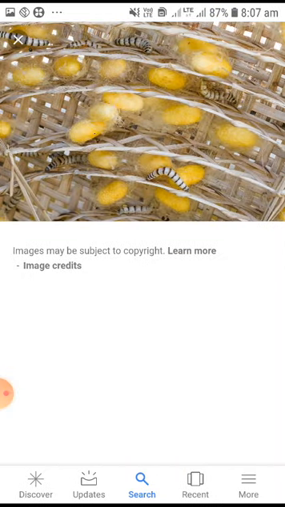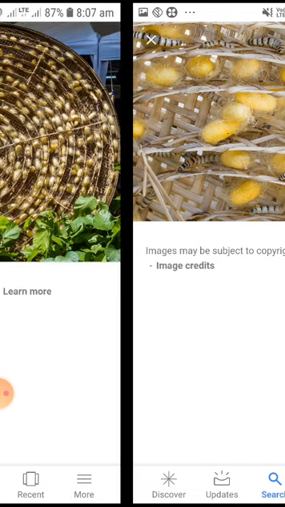You studied this in class 8th and I taught you about sericulture, how we keep silkworms and how silk is obtained from them. Here you can see some cocoons which have been made by silkworms, and from there silk fiber is produced, from silk fiber to silk yarn, and from silk yarn silk fabrics are prepared.